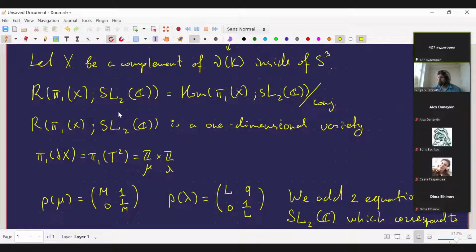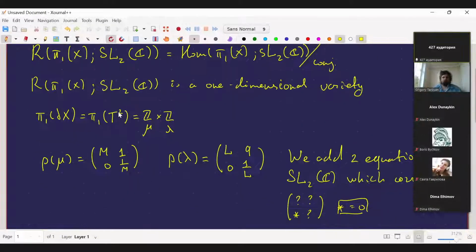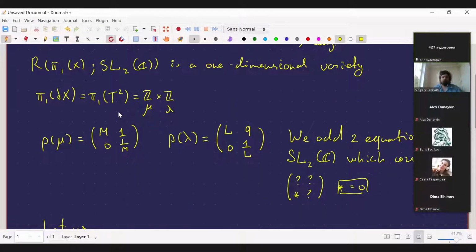Какое бы представление нашей группы P1 от X мы ни взяли, мы можем его сопрячь таким образом, чтобы оба образа элементов μ и лямбда стали верхнетреугольными.